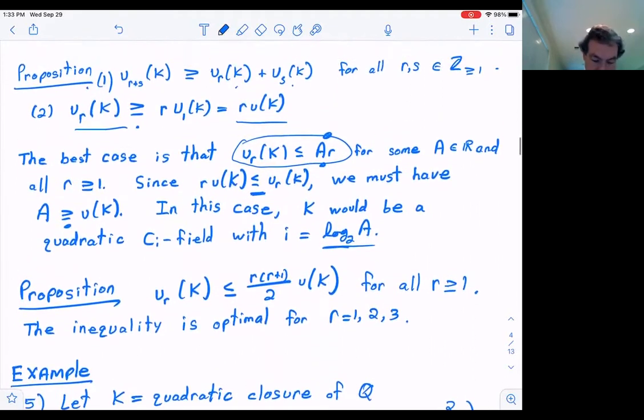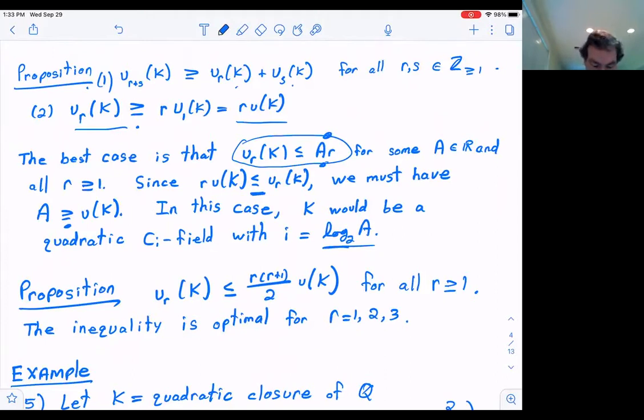What do we know? We have this proposition here. u sub r of K is less than or equal to, well, I don't have linear growth, I've got quadratic growth: r times (r plus 1) over 2, so (r squared plus r) over 2, times the u invariant of K. Furthermore, this inequality is optimal for r equals 1, 2, and 3, and I'm going to give an example of that in a moment.